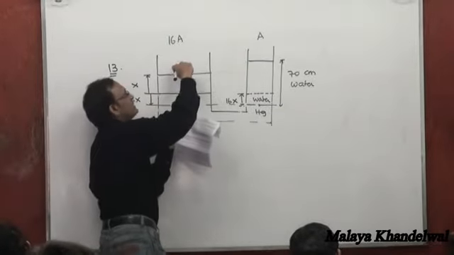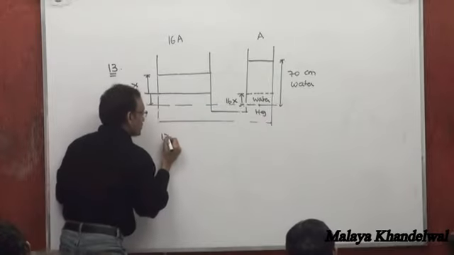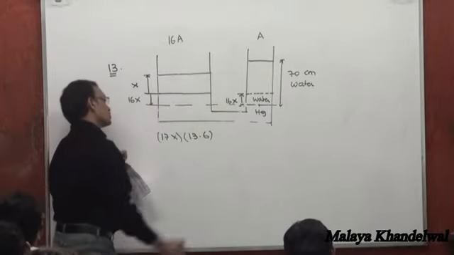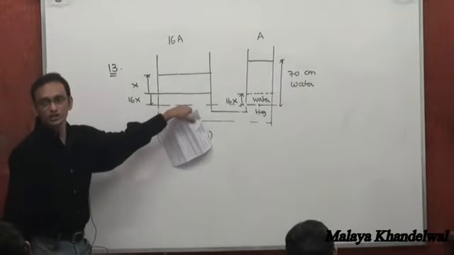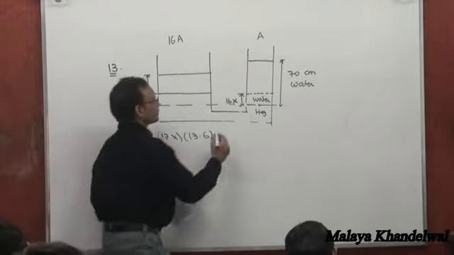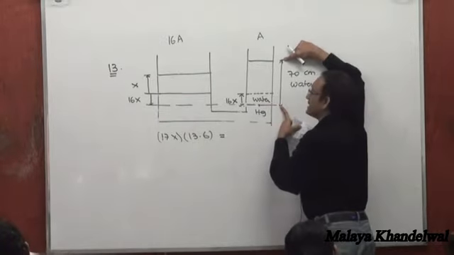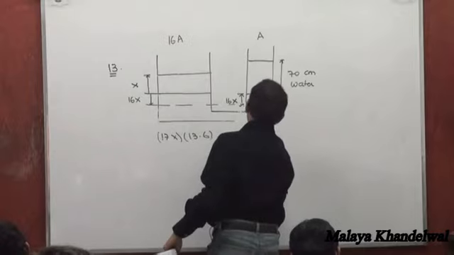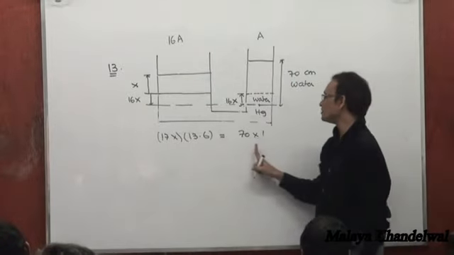So I have 17x units of mercury, exerting a pressure proportional to 17x into 13.6, right? That must be equal to the pressure exerted by 70 centimeters of water here, 70 into 1. So x can be obtained.